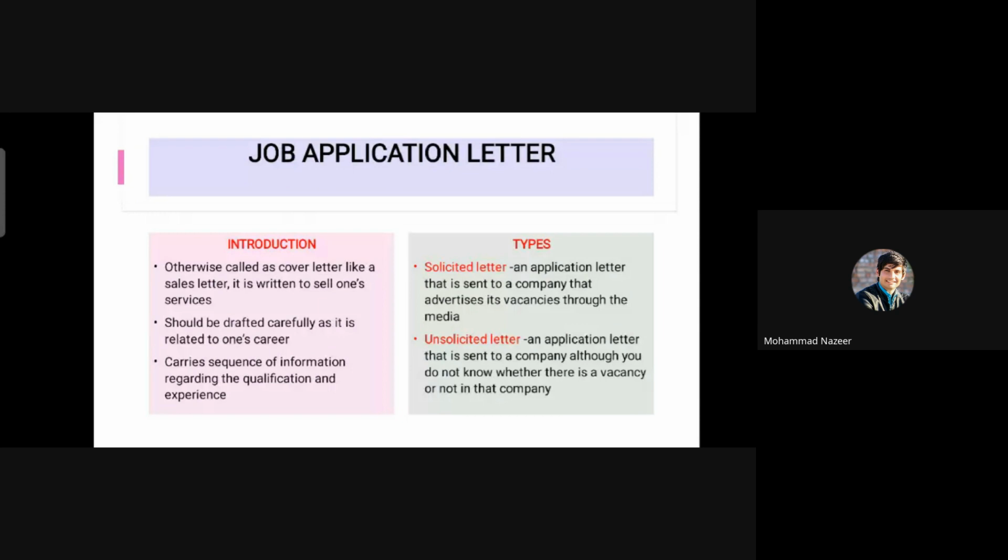So here, first of all, we are talking about what a job application letter is. I don't know how you will feel, but whenever we apply for a job, especially in the private sector, it means that we have to sell ourselves. Sell ourselves doesn't mean in a derogatory manner, but it is about why a company should hire you.